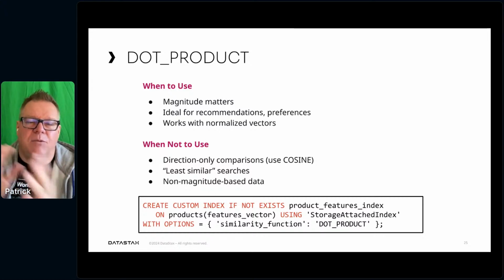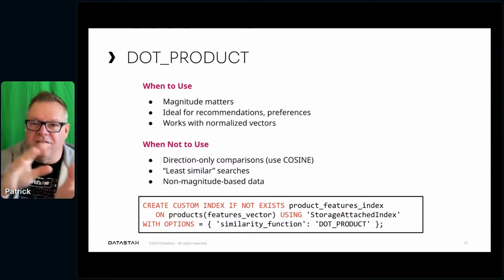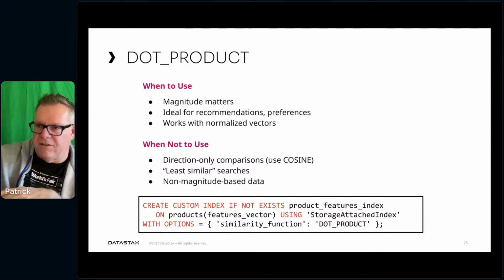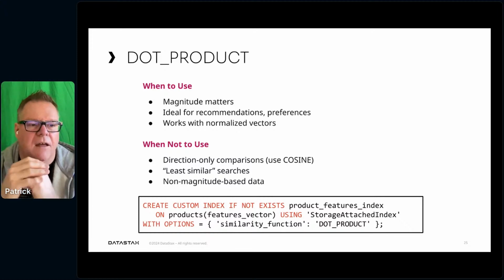When we talk about vectors, the direction and magnitude is really just what the model creates and what similarity actually means. So it's really good for a product recommender: this thing is over here, this thing's over here. It doesn't mean how much of it is over there. It's like this thing is next to this thing.